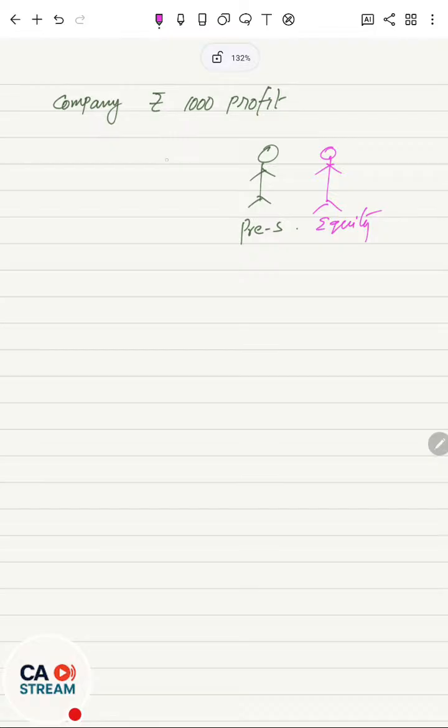Because out of this 1000 rupees profit earned by the company, the preference shareholder invested rupees 100 in the company. The company already promised 10% on investment. That means each and every year this preference shareholder will get a fixed percentage of dividend.